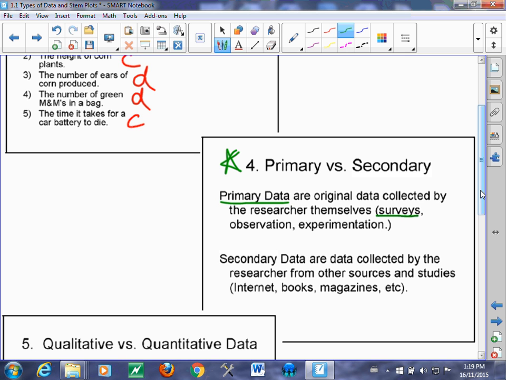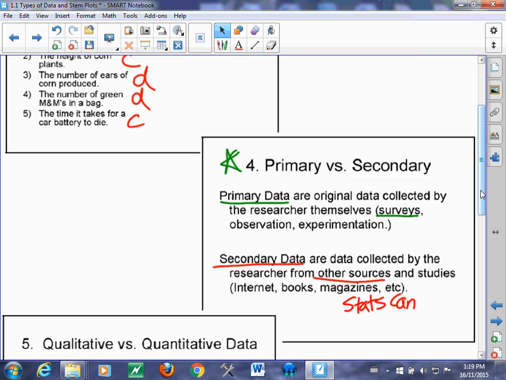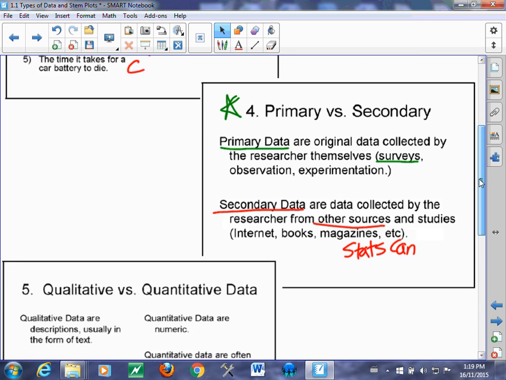So for example, you're going to do a survey, you're going to survey some of your peers and collect data related to the topic you choose for your project. You're also going to research secondary data, and that's data collected by other sources. So you could look at StatsCan online, the internet, universities collect other data. I would put down here StatsCan, because that's a good one to remember. You get the information from that.